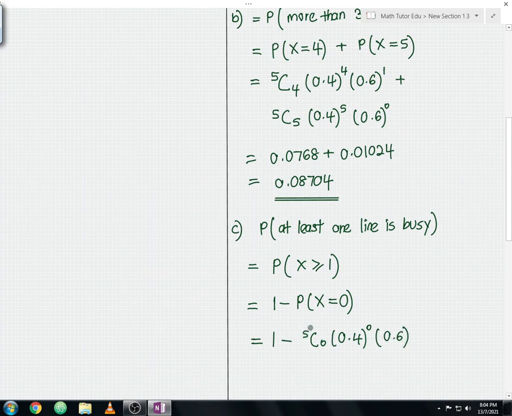The number of trials minus the number of success events, 5 minus 0, so you are left with 5. You calculate this, and you get your answer 0.9222. So this will be your answer for question part C.